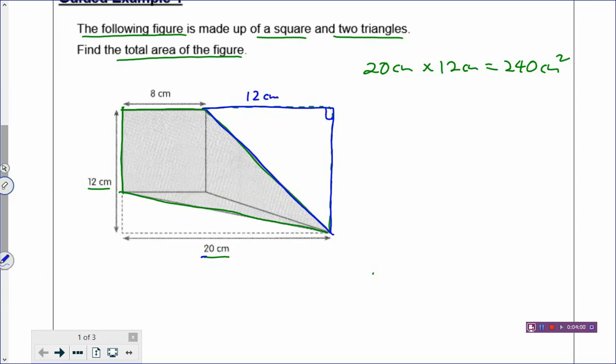So 20 minus 8, you get the base, and then the height is opposite, which is the breadth of the rectangle. The height of the triangle is actually the breadth of the rectangle, 12 cm. Alright, so now you can find the area of this right angle triangle. So you have half times 12, and then times 12 cm. So the area of this white triangle is 72 cm square.